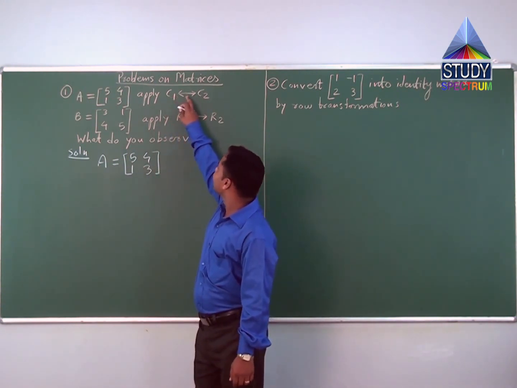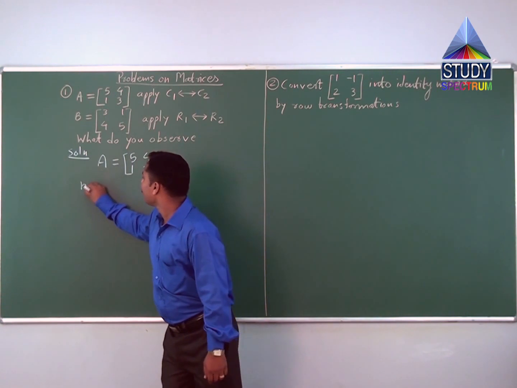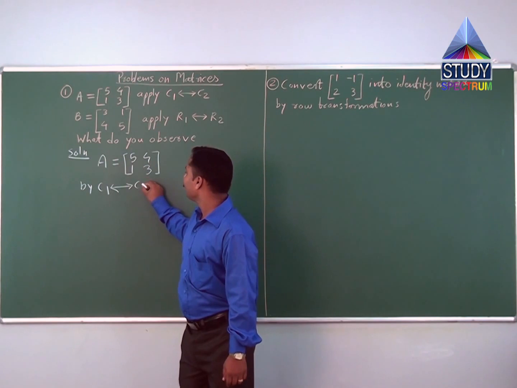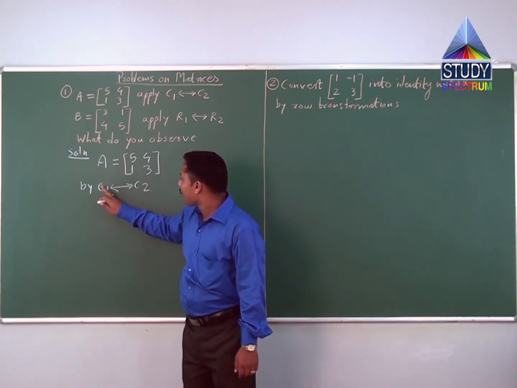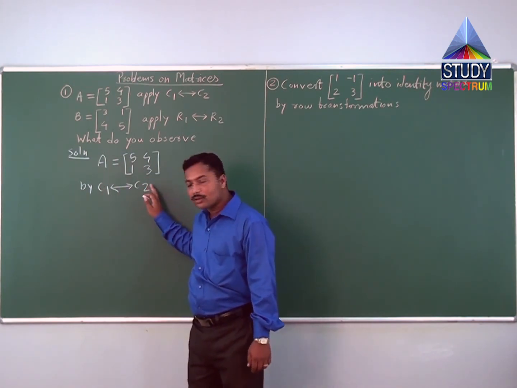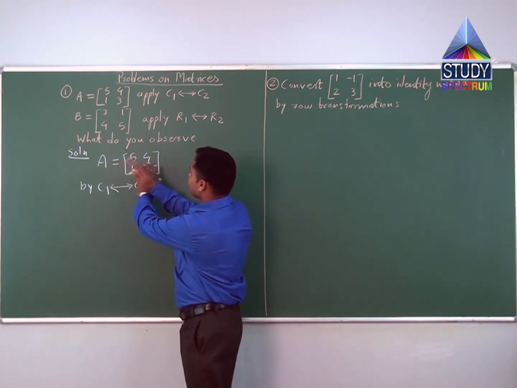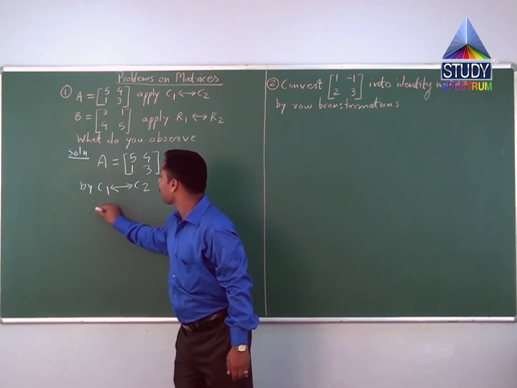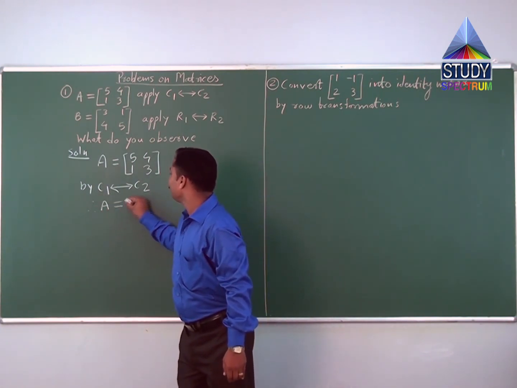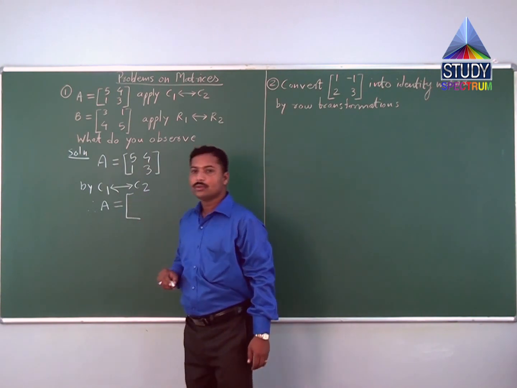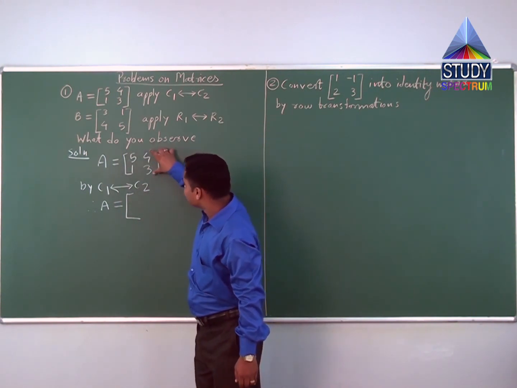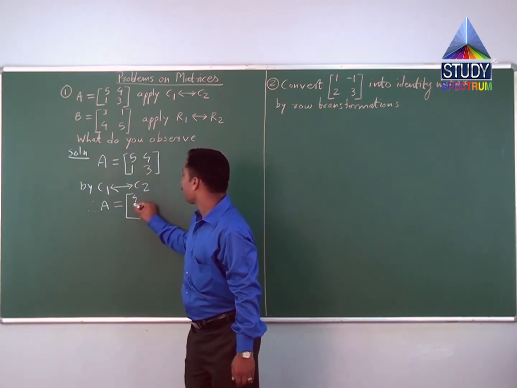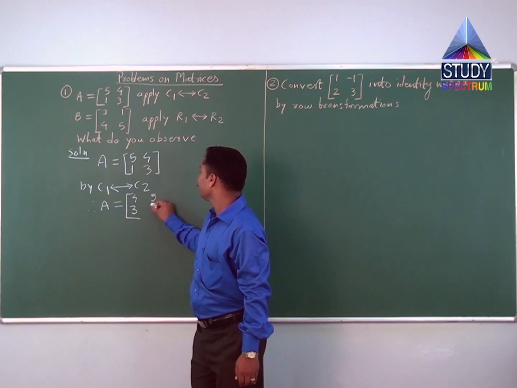Apply C1 interchange with C2. C1 interchange with C2 means the first column is interchanged with the second column, only interchanging columns 1 and 2. Therefore A equals: the first column becomes the second column and the second column becomes the first column. So 4 3, 5 1.